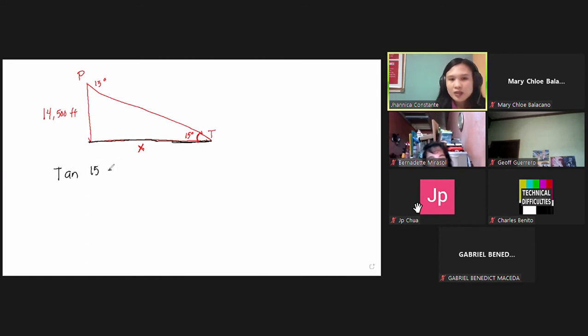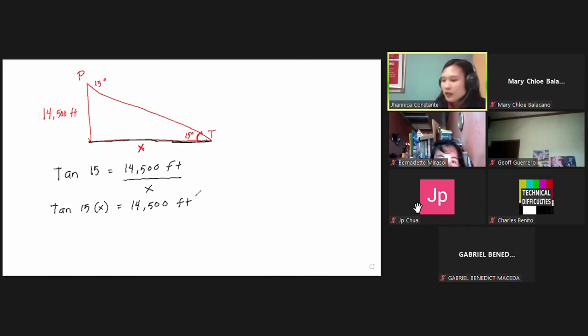Tan 15 degrees equals the opposite side, which has a measurement of 14,500 feet, over the adjacent side, which stands for x. So tan 15 times x equals 14,500 feet. Divide both sides by tan 15.